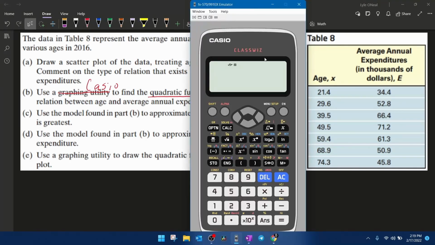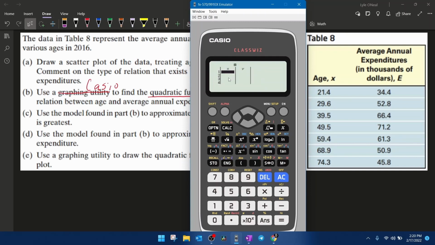Okay, so to come up with our quadratic function that best models this data on our Casio ClassWiz, we're going to start by going to the menu, and we're going to go down and over until we get to the Statistics tab and hit equal to select. Notice that option 3 is a quadratic, so we're going to click 3.